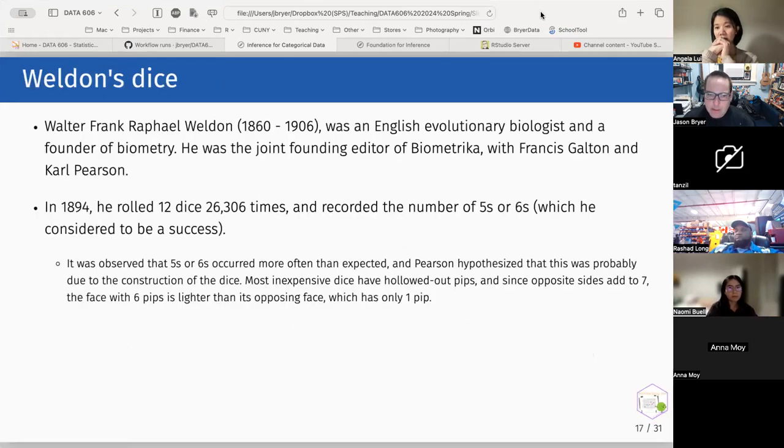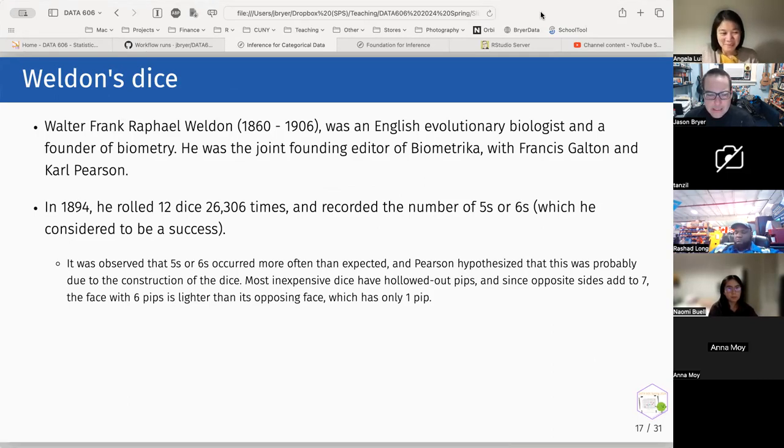So the next scenario we have is where we have count data. I find this a pretty interesting study, particularly if you're interested in gambling and games like that.